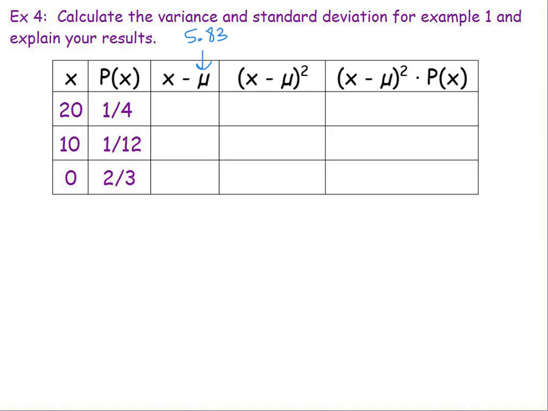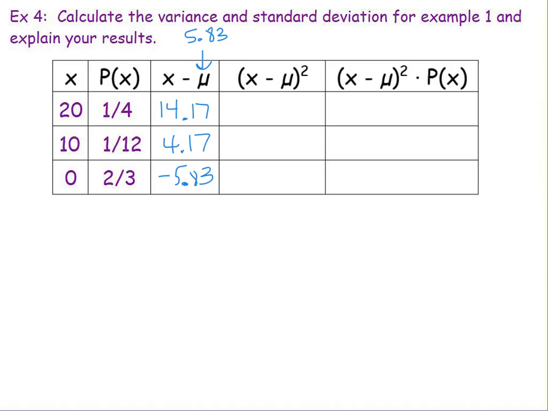So 20 minus 5.83 is 14.17. 10 minus 5.83 is 4.17. And 0 minus 5.83 is negative 5.83.